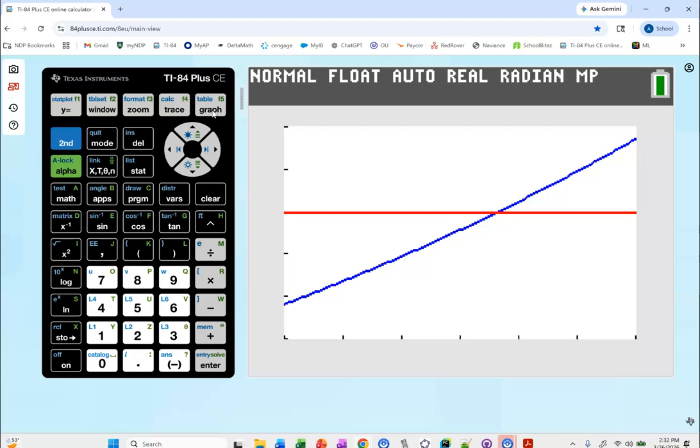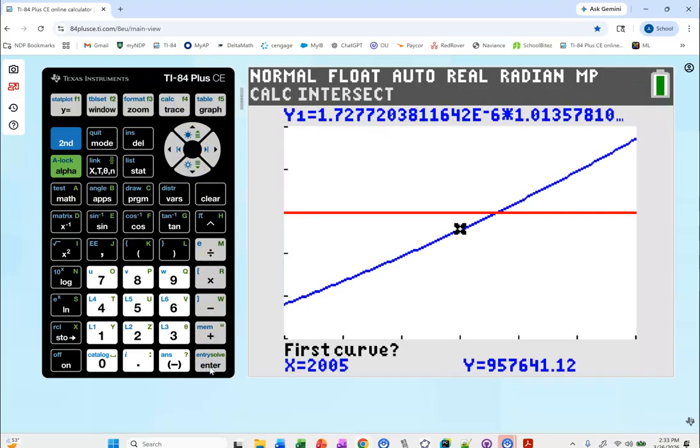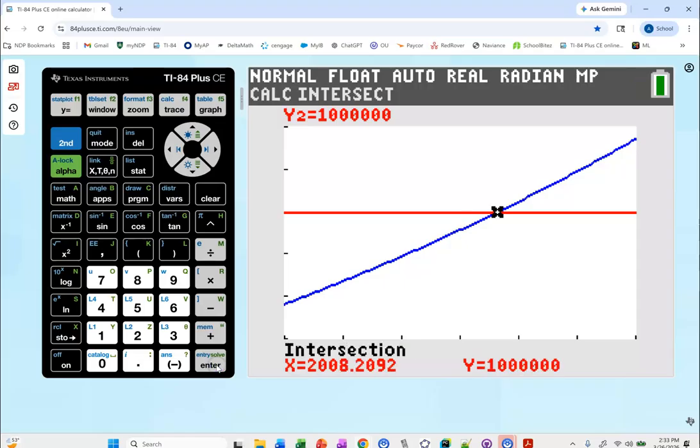If I hit graph now, the blue is my exponential curve, the red is the 1 million line. I'm interested in the intersection, so to find that, I press second and the trace button, and I'm going to choose the intersect command. I have only 2 curves, and they only intersect in one place, so I can just press enter 3 times, and it appears during the year, or in between the years 2008 and 2009, right?